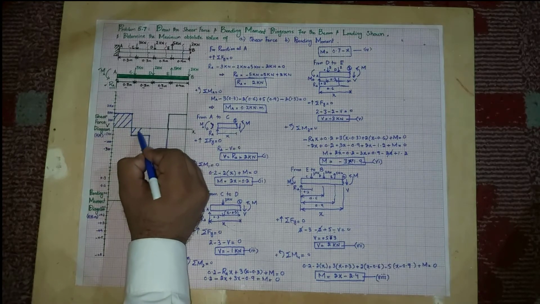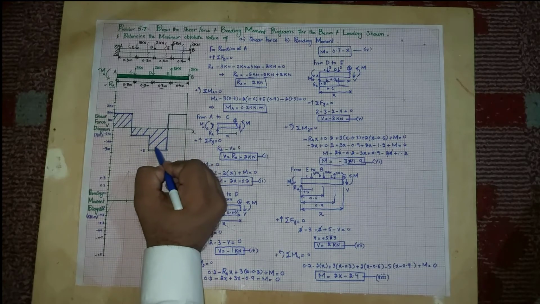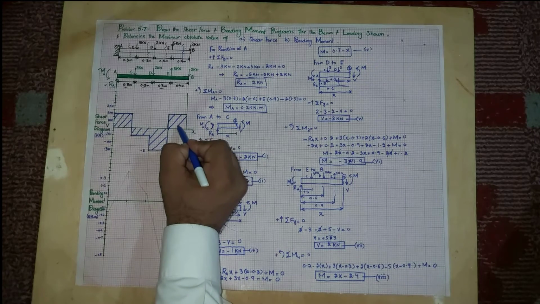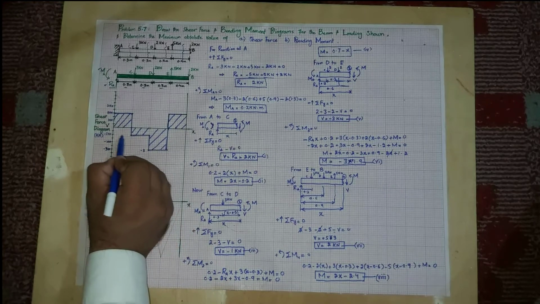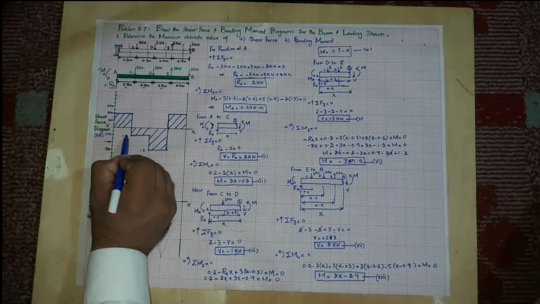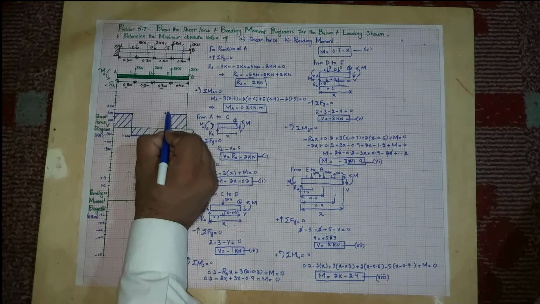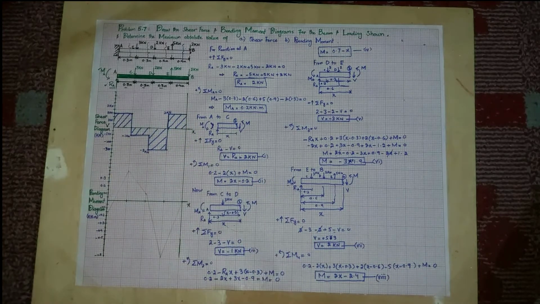This region shows the shear force diagram for the above beam. You can also read the value of shear force: at this point it is minus 3 kilonewton, at this point minus 1 kilonewton, at this point 2 kilonewton. So this was the distribution of shear force over the entire length.